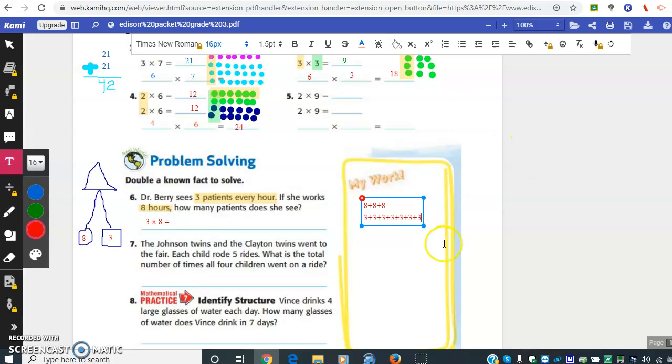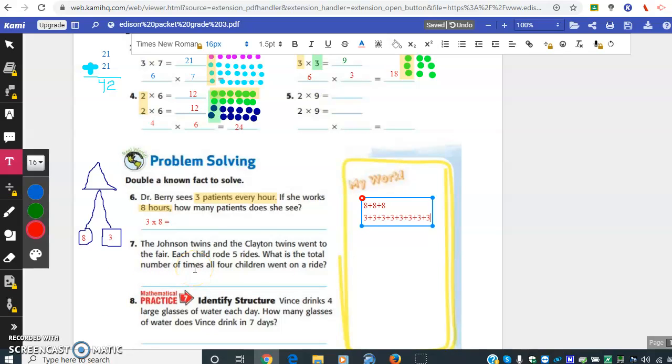I'm pretty sure that's 7 of them. 1, 2, 3, 4, 5, 6, 7. One more. And you can do it that way, whichever works best for you. 8 threes or 3 eighths, you choose. And go ahead and solve that math problem.